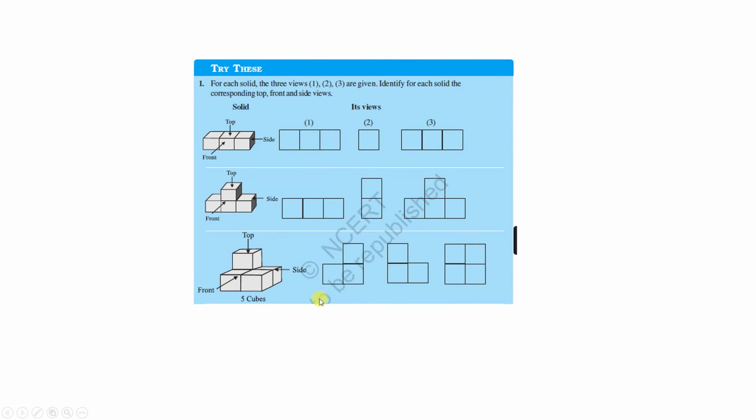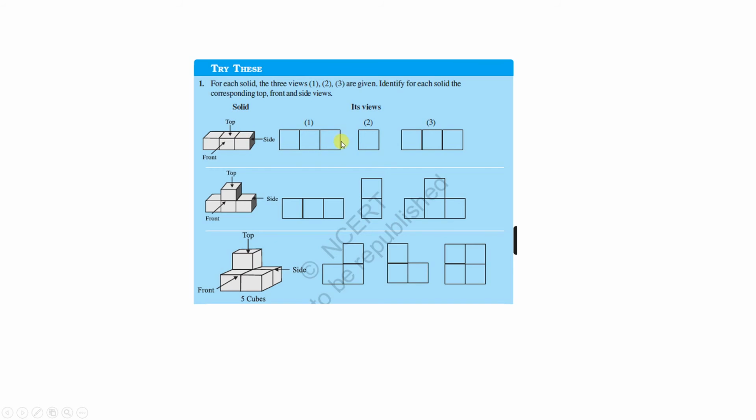Let's see one example. Here the question is given: for each solid the three views 1, 2 and 3 are given. Identify for each solid the corresponding top, front and side views. So for the first solid, when we see it from the top, it looks like there are three squares put side by side, 1, 2 and 3.